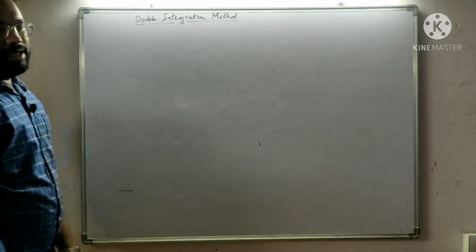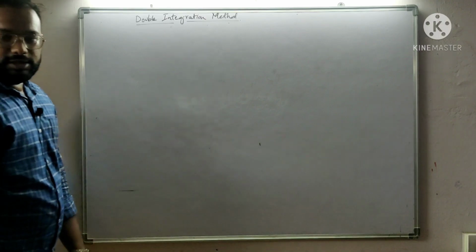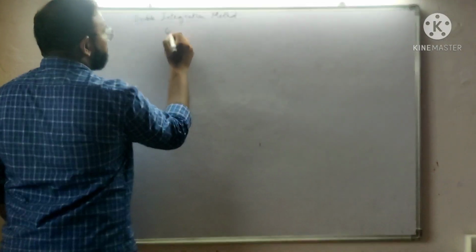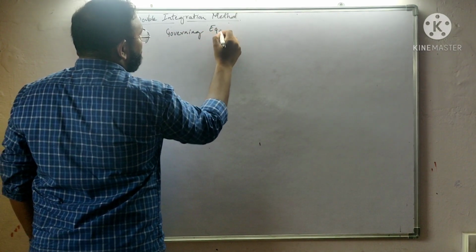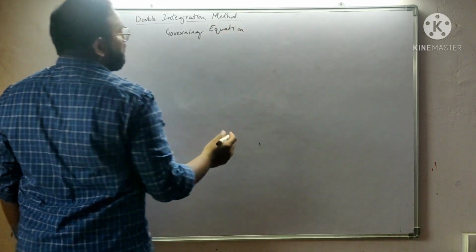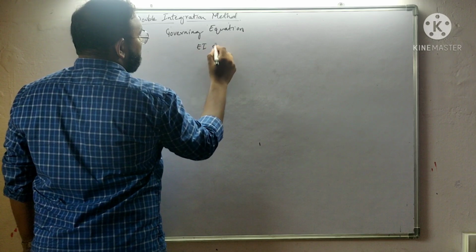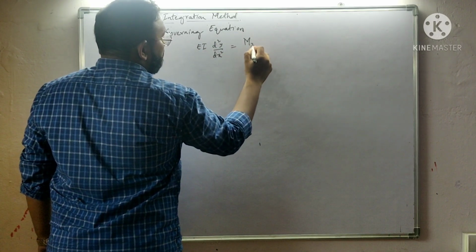In this method, we have a governing equation, which is given as EI d square y by dx square is equal to Mx.